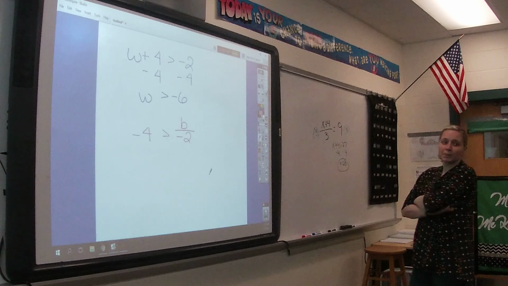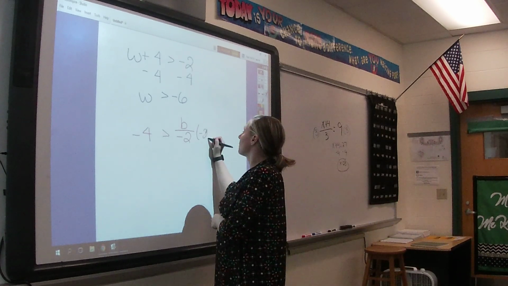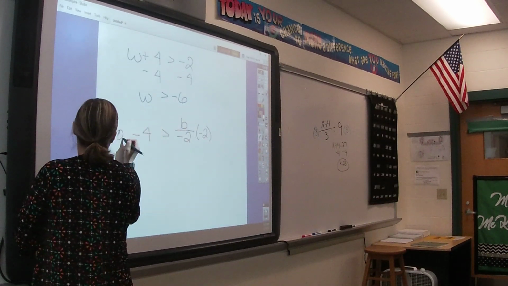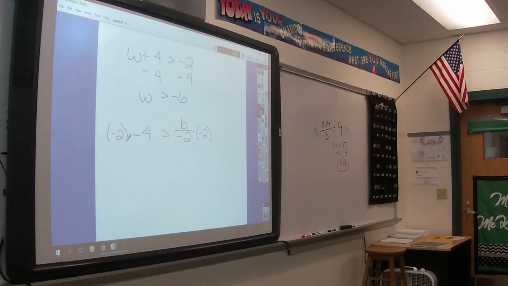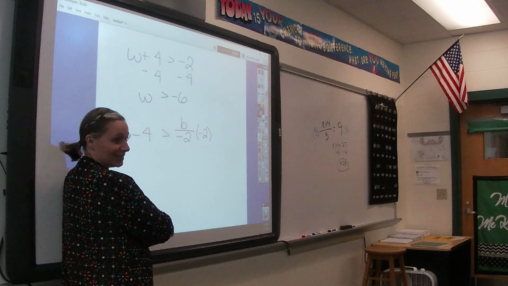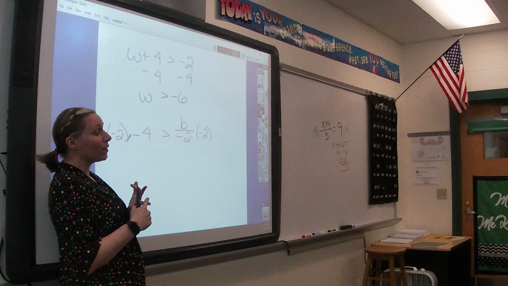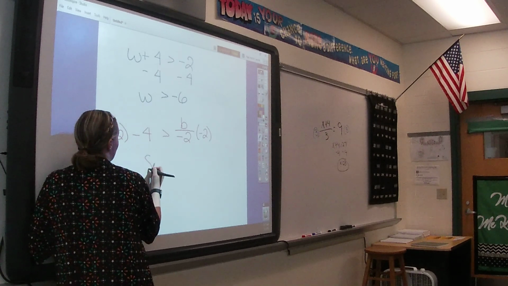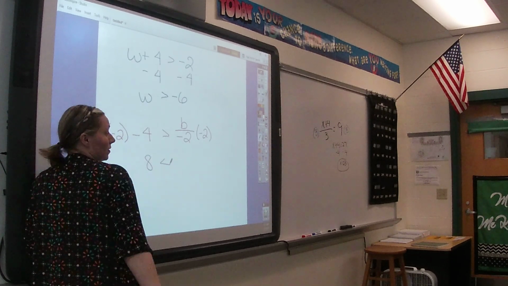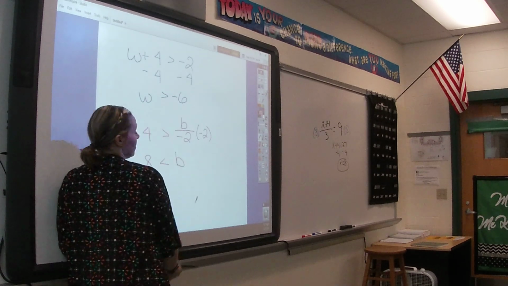Multiply by negative 2. Is multiplying by negative 2 a reason to flip the inequality sign? Yes, right? We're multiplying by a negative, and it's whenever we're multiplying or dividing. So this is going to become a positive 8 is less than b.